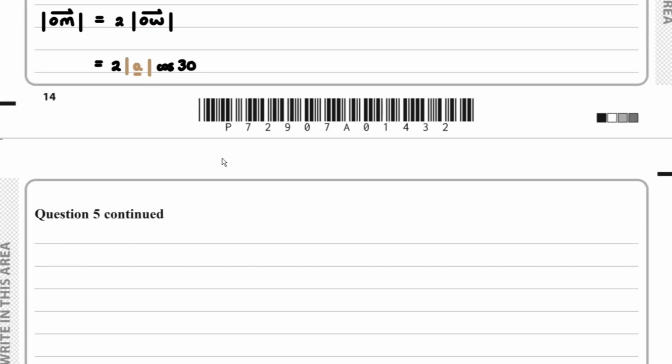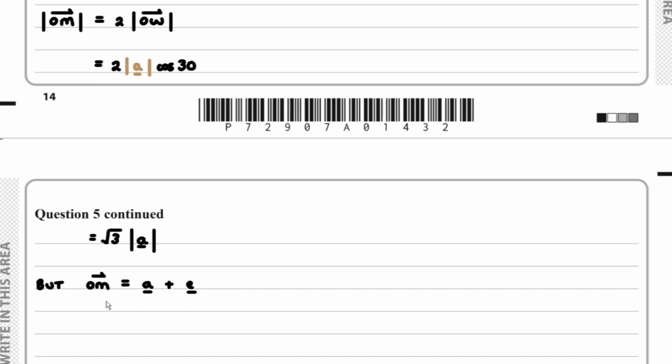So continuing to work this out, we've got root 3A. And that's because cos 30 is equal to root 3 over 2. So I've got 2 times by root 3 over 2, which is just root 3.